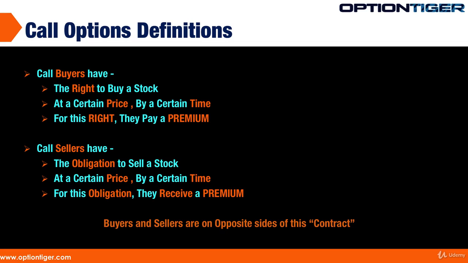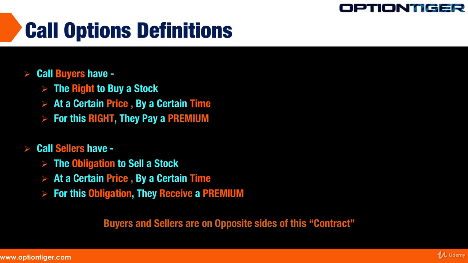So let's harken back to our olive example. The speculator bought a call option, obviously, because he bought the right to buy the olive harvest at a certain price. We said it was $10, I believe. And then by a certain time, which was the harvest season, which was about 6 months.